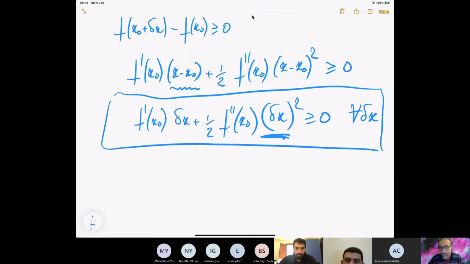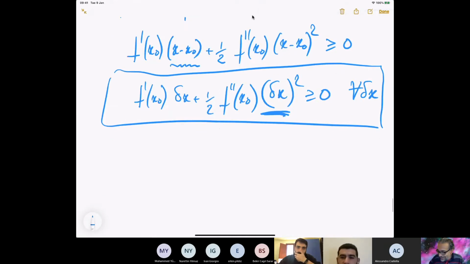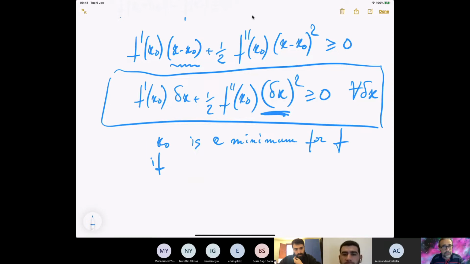Okay? x0 is a minimum for f if double star.